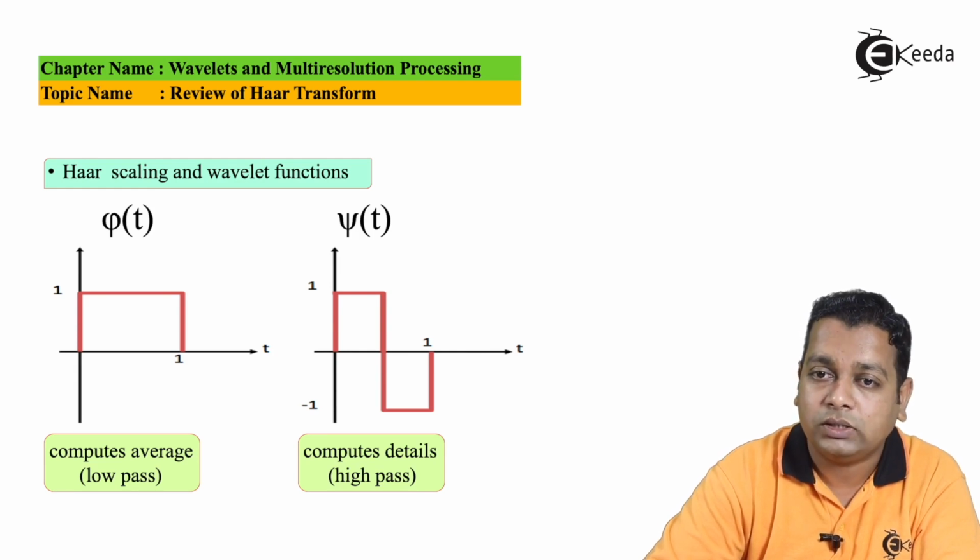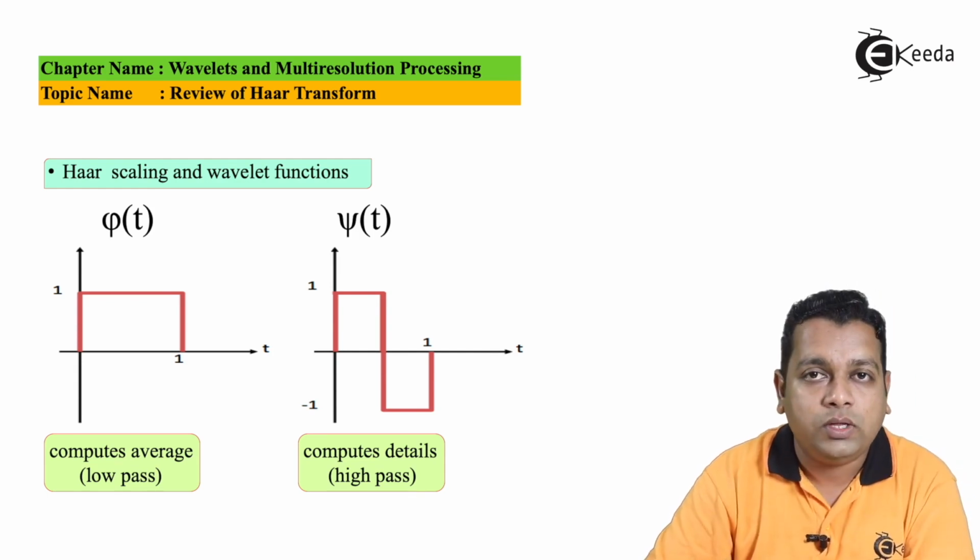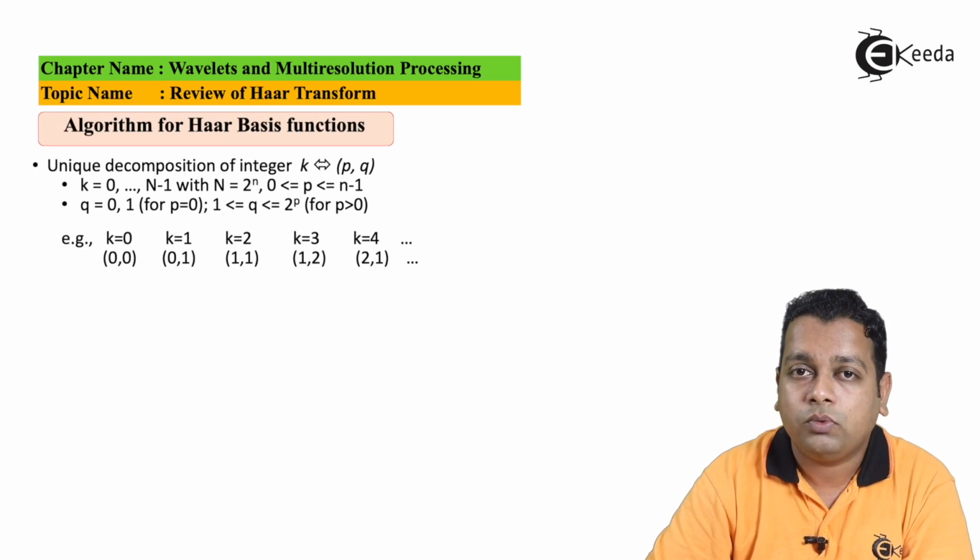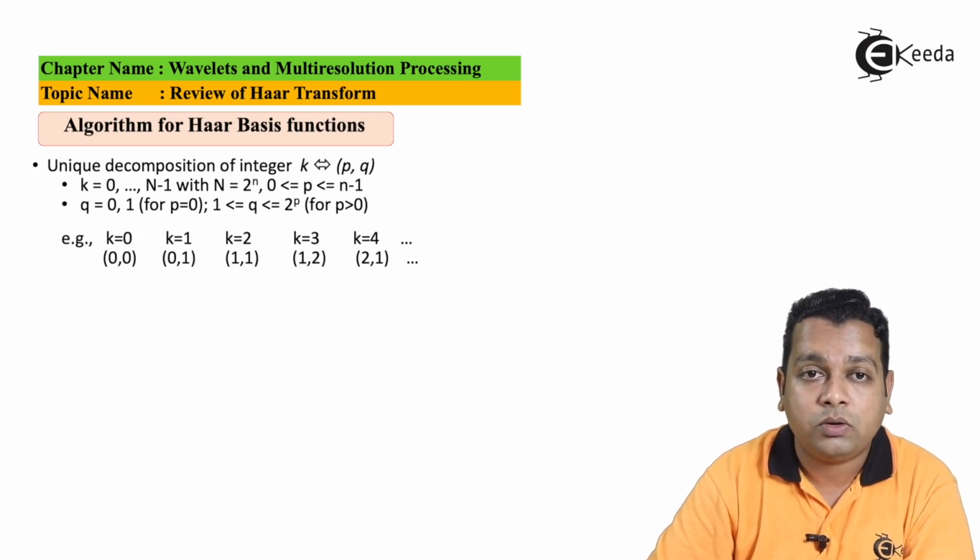So this computes details that are of high pass type, and this computes averages that are of low pass type.